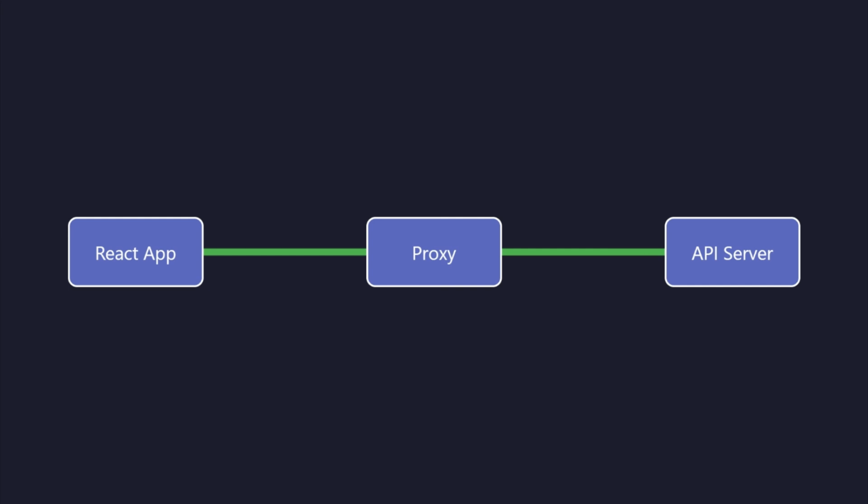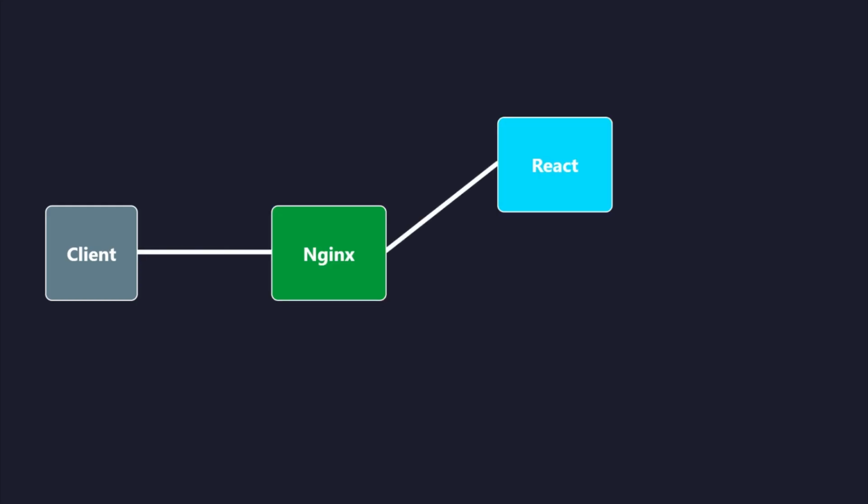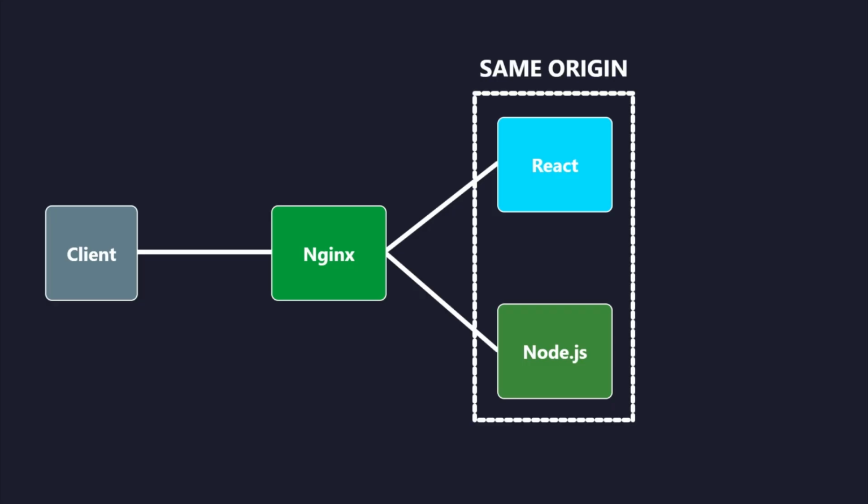When you move to production, the proxy in the package file no longer works because the React development server is not used to serve the final build. You must ensure your production server or load balancer is configured to handle the origins correctly for the live environment. A common professional solution is to use a reverse proxy, like Nginx, which can serve both the static React files and the Node.js application from the exact same origin.